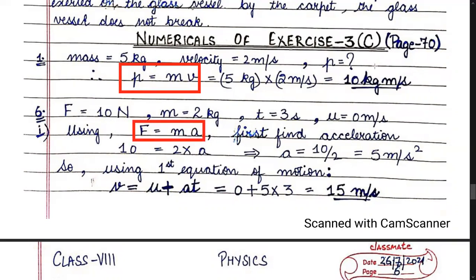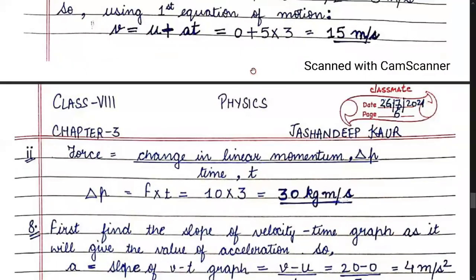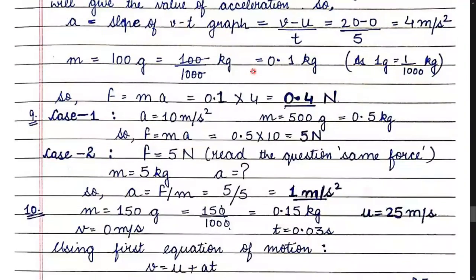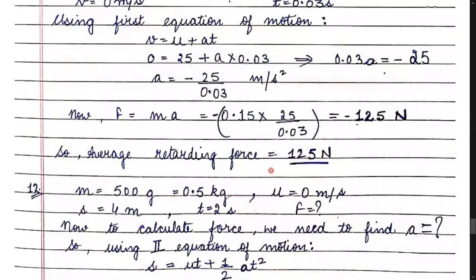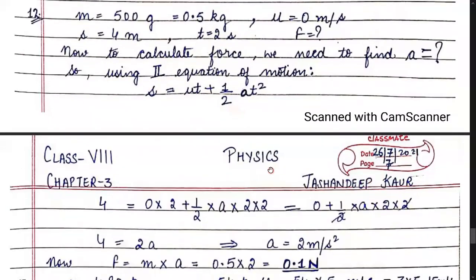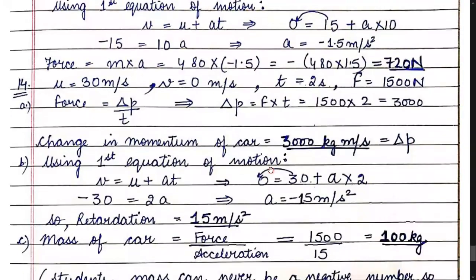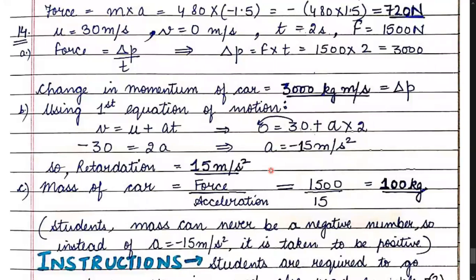So children, this time kindly try these numericals which are given in the PDF and try to do these questions yourself also. So with this, I come to an end of this interactive session. You may do the numericals and we can take your doubts in the online classes also. So thank you, students. Have a nice day.